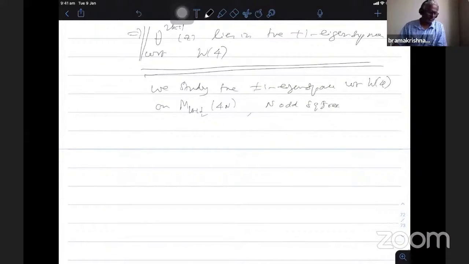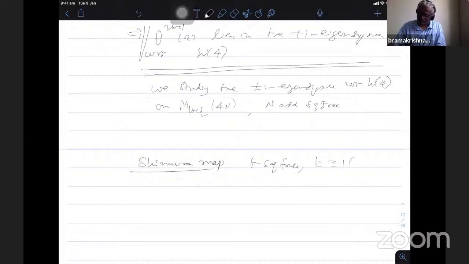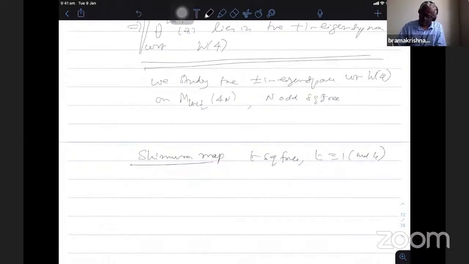So we'll first define what is a Shimura map for square free t. So t is square free, t is 1 modulo 4. I'm not talking for all t, and so minus 1 power k t positive. Then the t-th Shimura map.